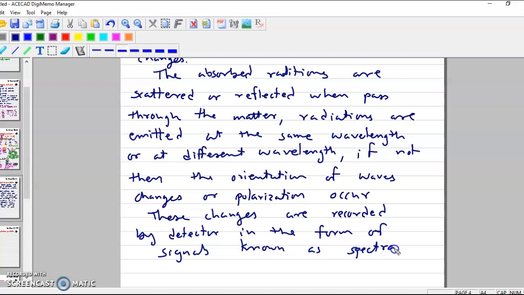And if we can interpret these signals, we get certain information about molecules, and this is called spectroscopy.